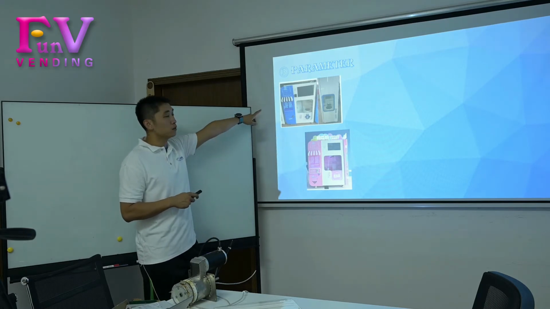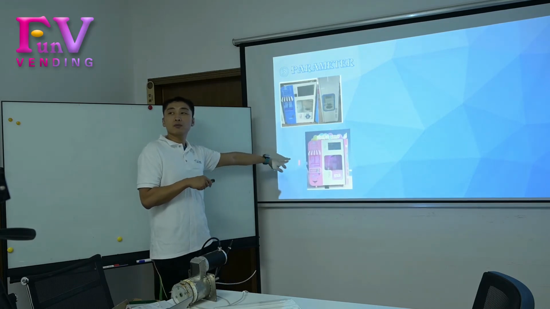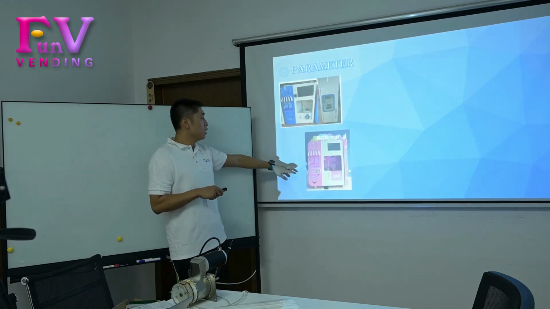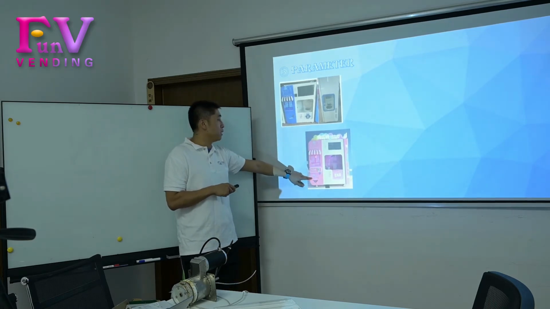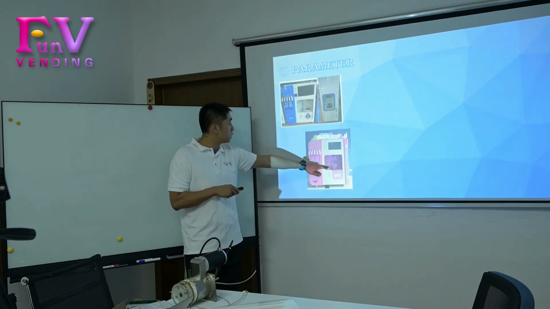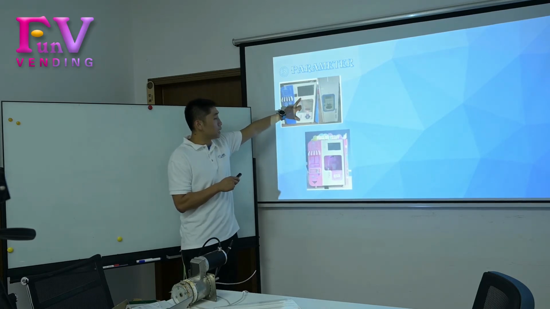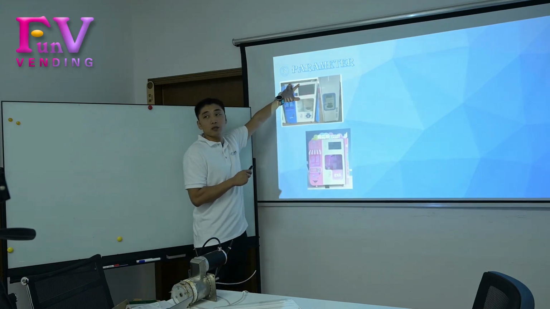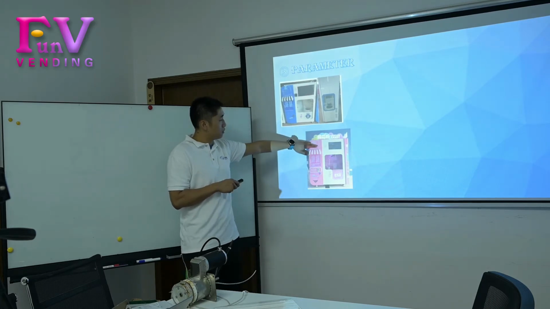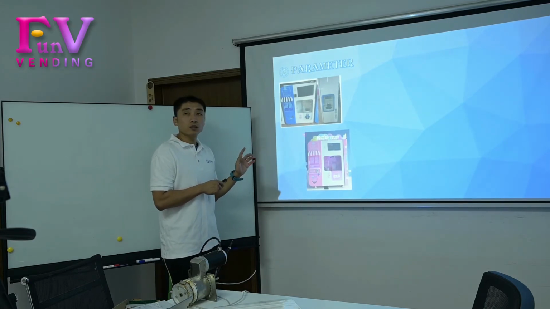The other option is for our Chinese market, the domestic version. We can see that this part and this part are the same, but the right side is different. This screen is a little bigger, approximately 26 inches, and this one is approximately 21 inches.